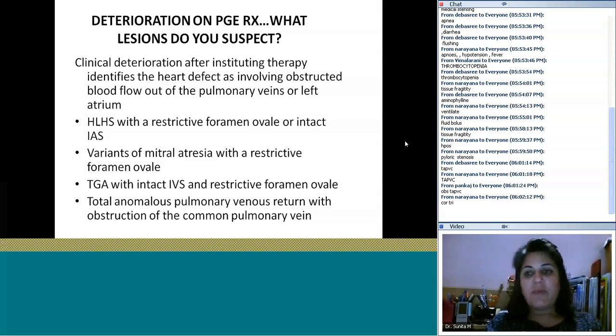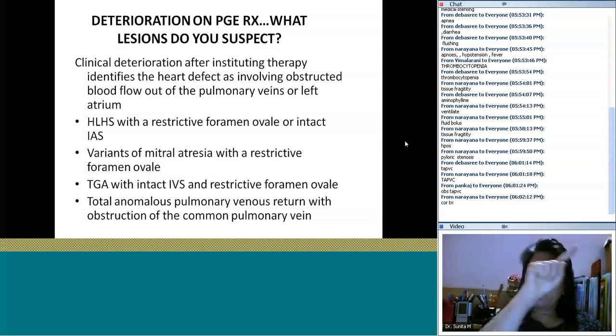So if you've got a TGA with an ASD who's blue, when you open his duct, he will have the mixing. The circuit will be there and he will become pink. But let's say he doesn't have an ASD or he has a very tight PFO. What will happen? Blue blood will go through duct, come to pulmonary artery, get oxygenated, come to left atrium.